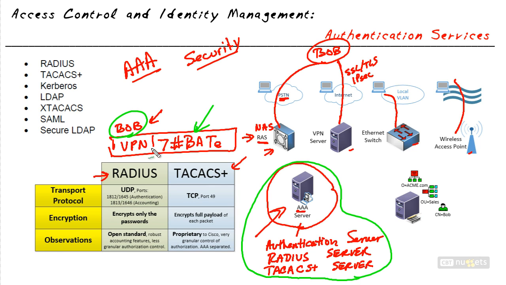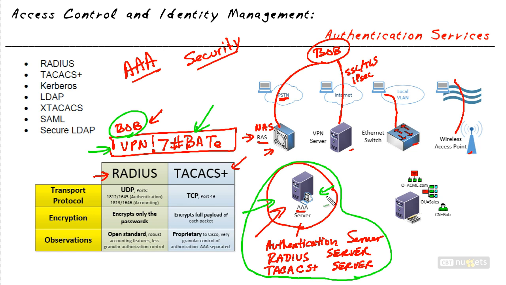Really, all this is a centralized clearinghouse, if you will, where we have information about users like Bob, passwords like Bob's password right here, and we could also specify authorization information on this server. As an example of authorization, let's say that Bob is only allowed to use VPNs on weekends, meaning he's only allowed to connect to the corporate network via a VPN over the internet on weekends.